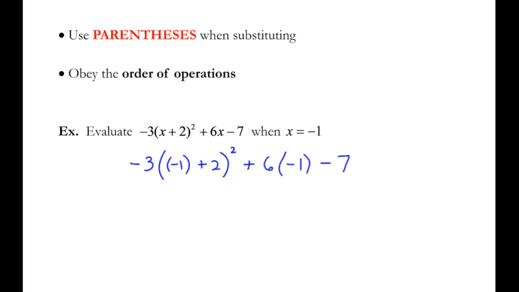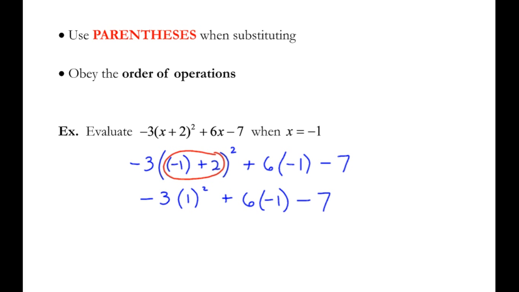All right, now I'm going to simplify using the order of operations. So any operations that are inside of the parentheses you want to do first. So -1 plus 2 is just 1. Notice I'm not doing the 6 times -1 yet. Some people think of that as parentheses as well, but it's actually a multiplication step.